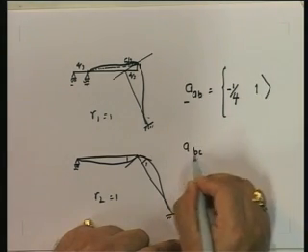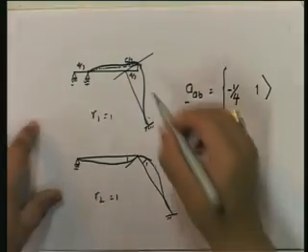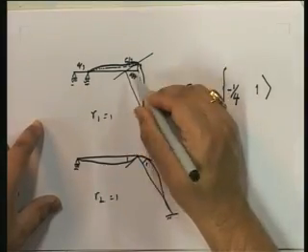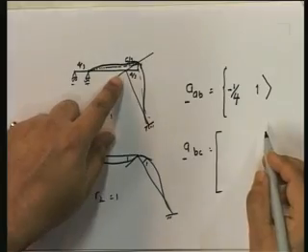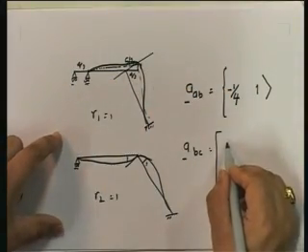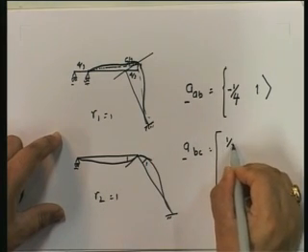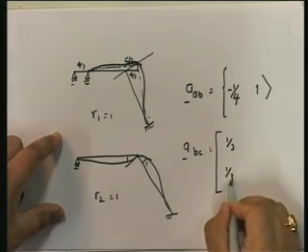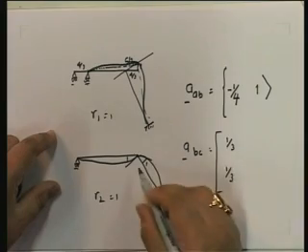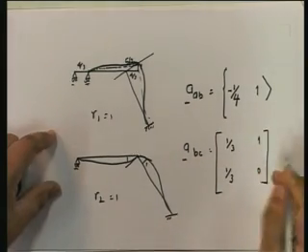ABC is going to be equal to, for the first one the total displacement is 5 by 3, and if you look at it anti-clockwise, so this is 5 by 3 divided by 5 is 1 by 3, so it's going to be 1 by 3, 1 by 3, and for this one it's going to be equal to 1, 0.